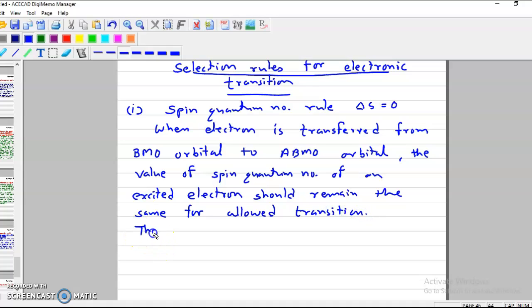That means the electron's spin rotation should remain the same.